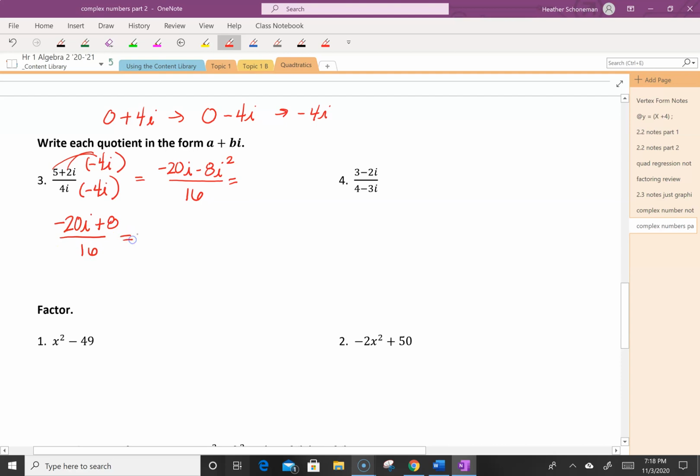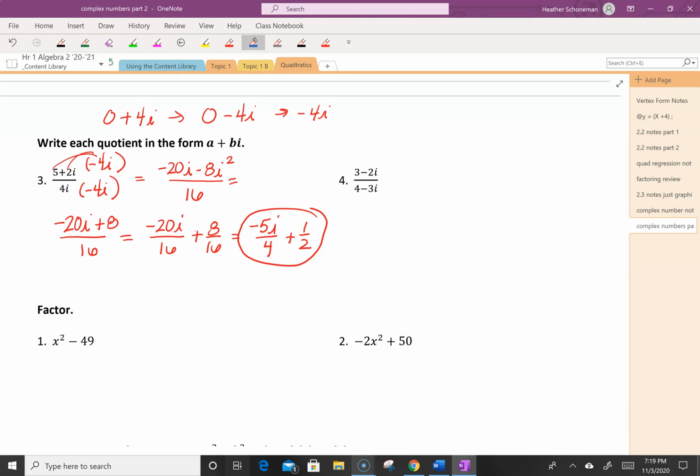All right, now that it's simplified, I can write this into two fractions. So negative 20i over 16 plus 8 over 16. And now we need to simplify. I can divide these both by 4, so I get negative 5i over 4 plus 1/2. So you will sometimes get them as fractions.